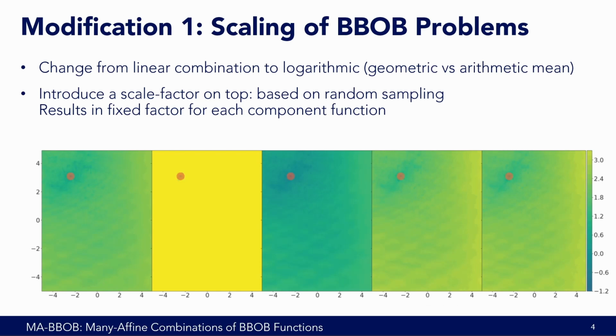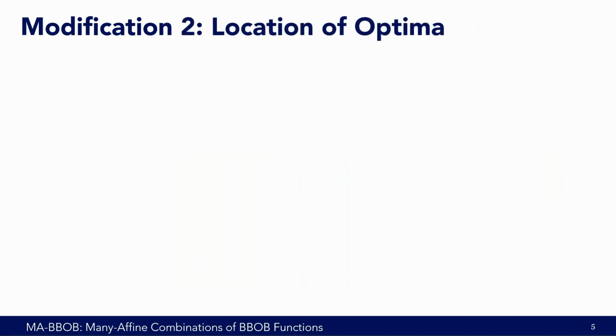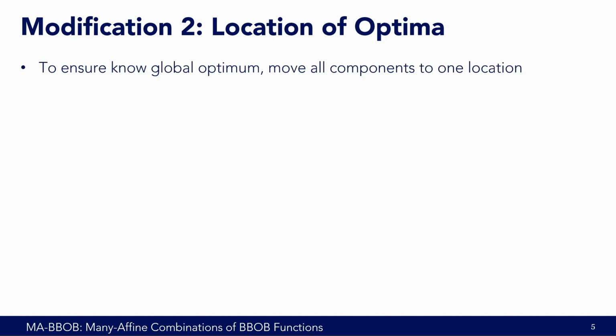So that's one change. The second thing is we changed the way that we deal with the location of the global optimum. And particularly, we want to still make sure we know the location of the global optimum. So all of the component functions are moved to one location, which is the same that was done in the original paper. Although there, they pick the location of one of the component functions as being the location of the global optimum.